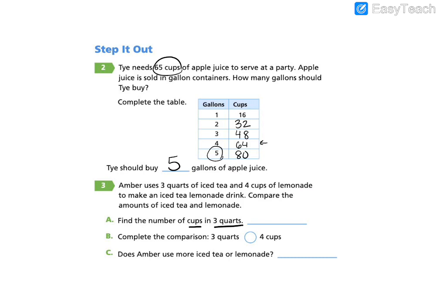So 3 quarts times 4 cups in a quart gives us 12 cups. Which of these is greater, 3 quarts, which is equal to 12 cups, or 4 cups? Well, 3 quarts is larger. So Amber uses more iced tea.